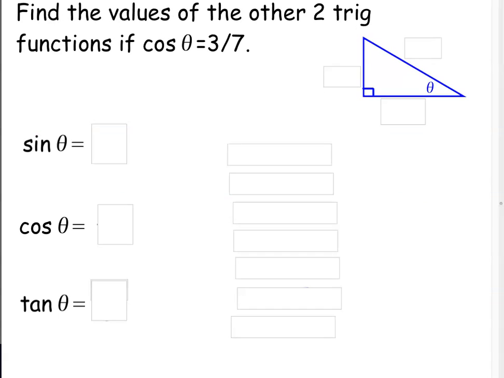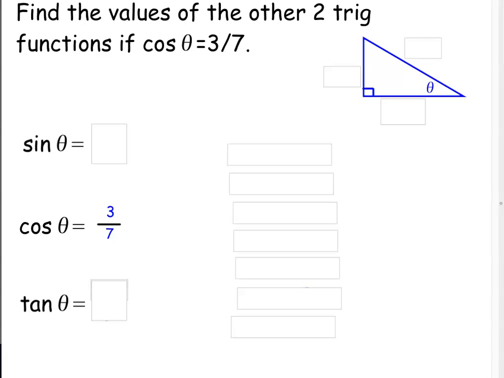All right, so this one asks us to find the values for the other two trig functions if we know that the cosine of theta is 3/7. So by telling us one of the trig definitions, that the cosine of theta is 3/7, they're really giving us two sides. Cosine uses adjacent over hypotenuse.